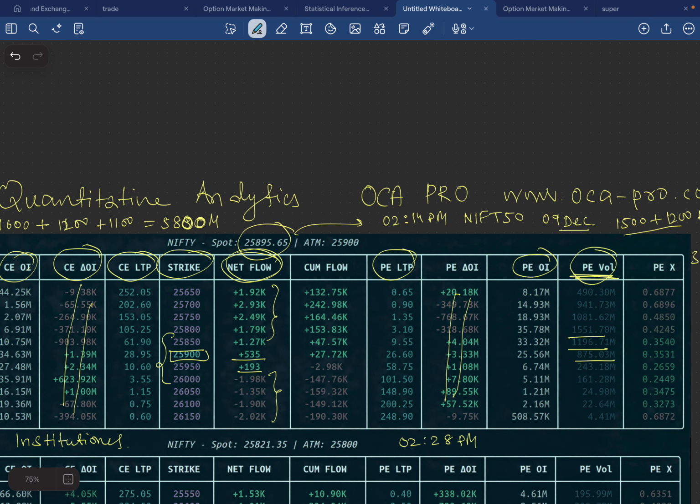So you can see, let me tell you very clearly, that call volume is around 5800 million roughly, and put volume on the other hand is around 3800 million. So there is a considerable amount of difference in the volume participation as well.